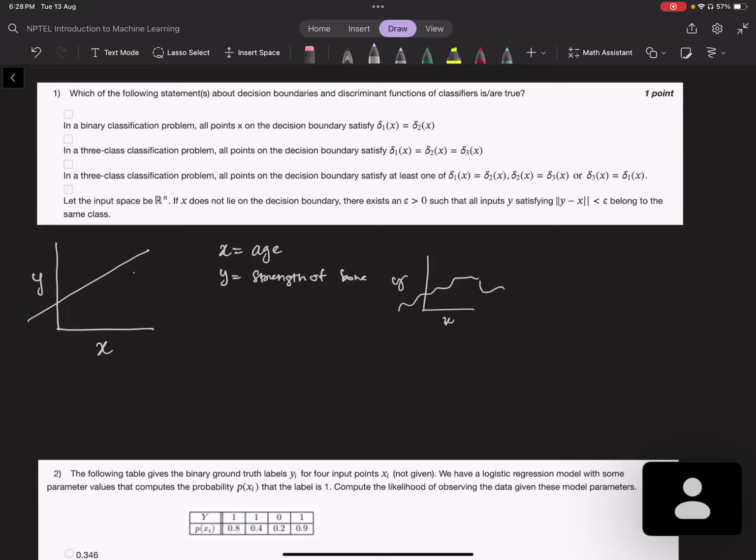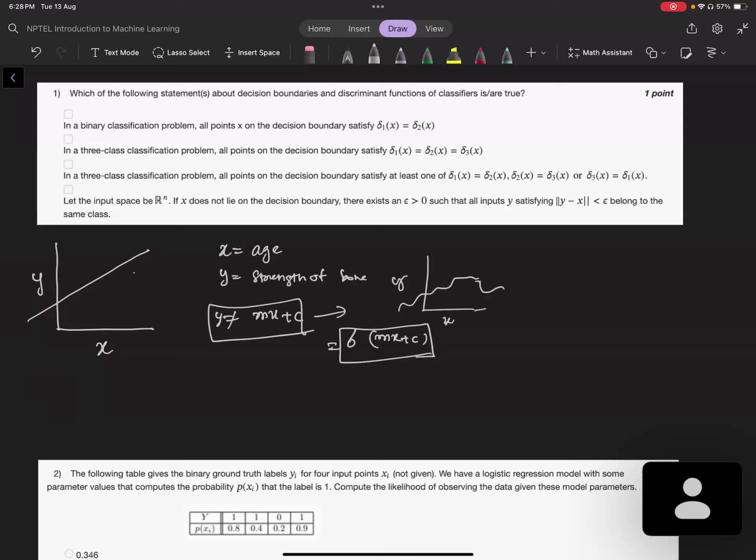For this case, you cannot use a linear function, like y will not be equal to mx plus c. So you have to use logistic regression, and you have to assign some non-linearity on top of this to make it learn this function.